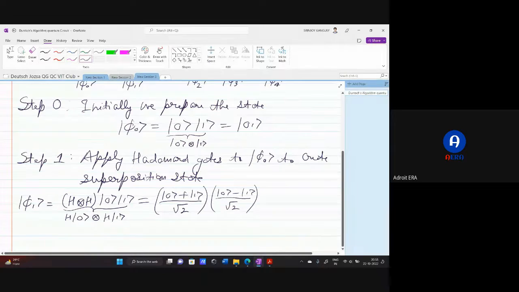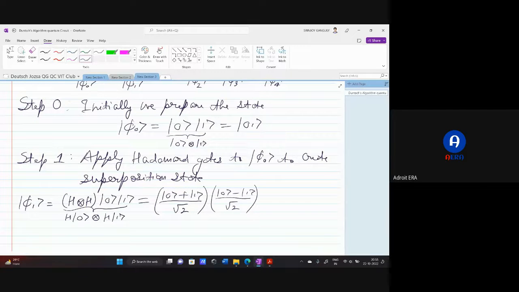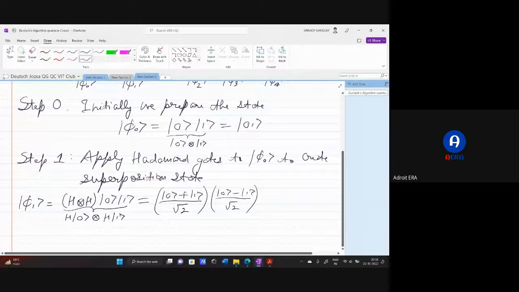Because Hadamard applied to ket 0 is ket 0 plus ket 1 divided by root 2. And then, what is this state, ket 0 plus ket 1? This we also write as the plus state, right? This is known as plus, and this is known as minus. So basically ket plus and ket minus, right?